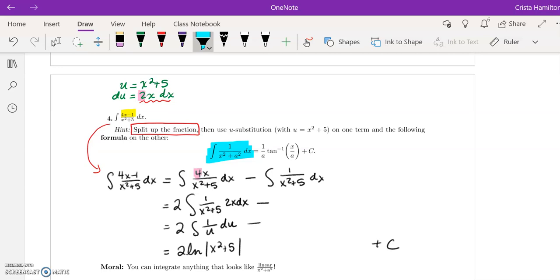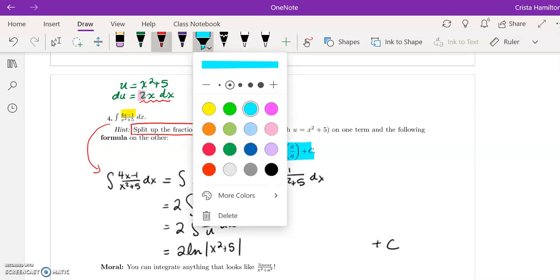We were going to memorize the special form here. The nice thing is, if you're in 2020 when we have open note, that's something we can certainly have on an index card on the side, that this is of the form that we're looking at for that inverse tangent.